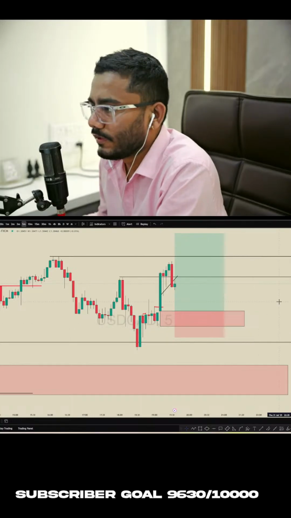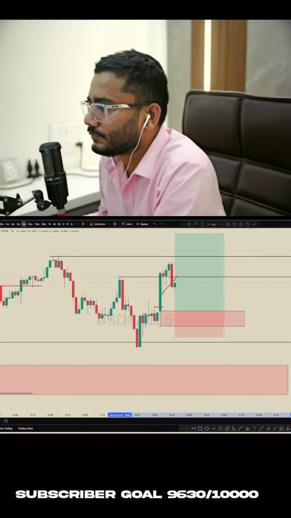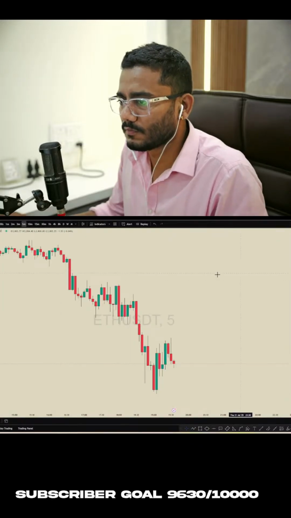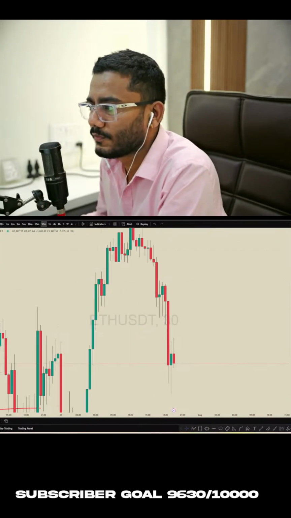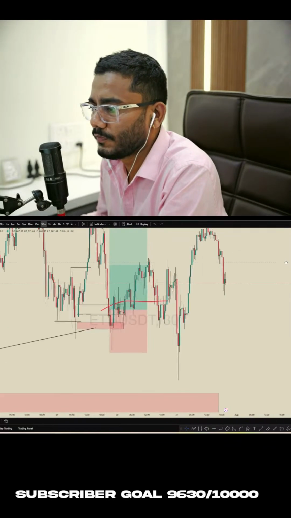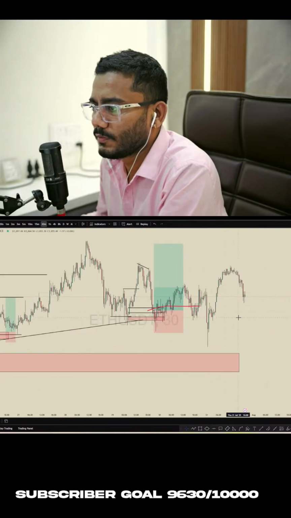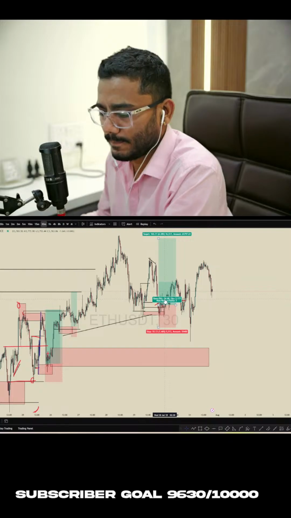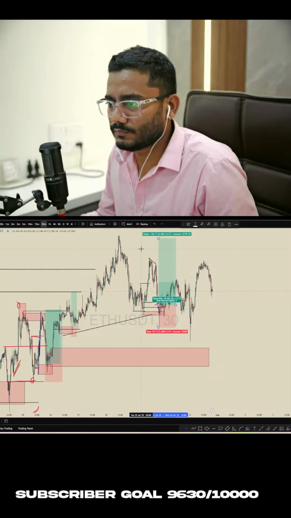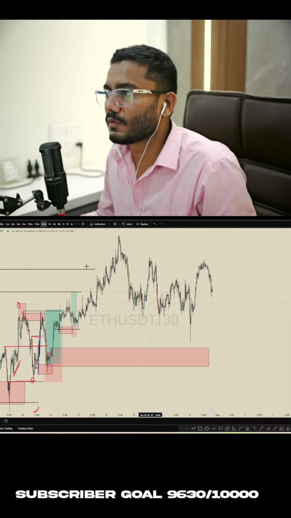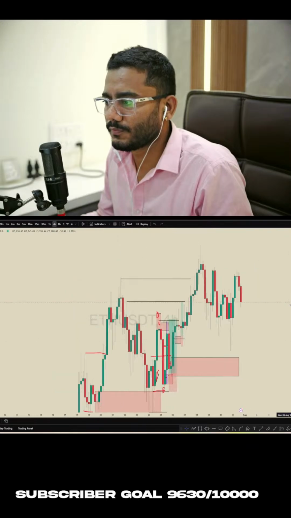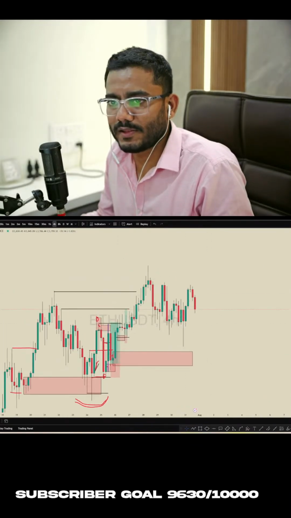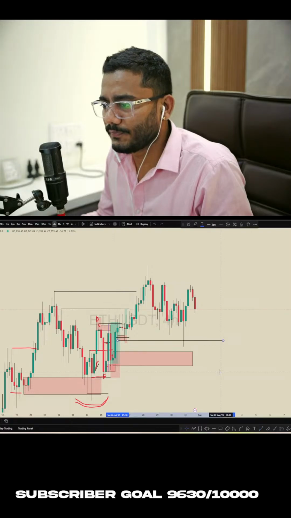Any trade in Ethereum? So on Ethereum, yesterday price swept these lows.